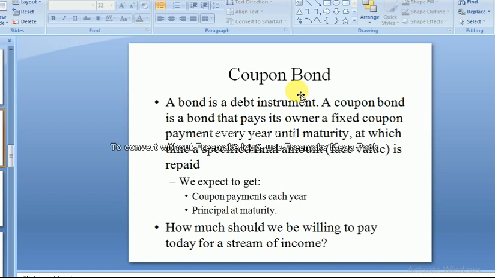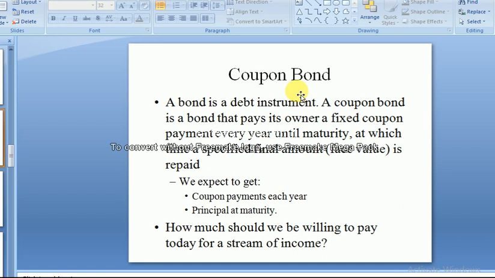In a coupon bond, two things should be expected by the investors. One is the fixed payments in the shape of the coupons, and the second is the principal amount at the maturity time. Let me explain it with an example. Suppose we purchase a bond of 1 lakh with 10% interest or coupon for 5 years.